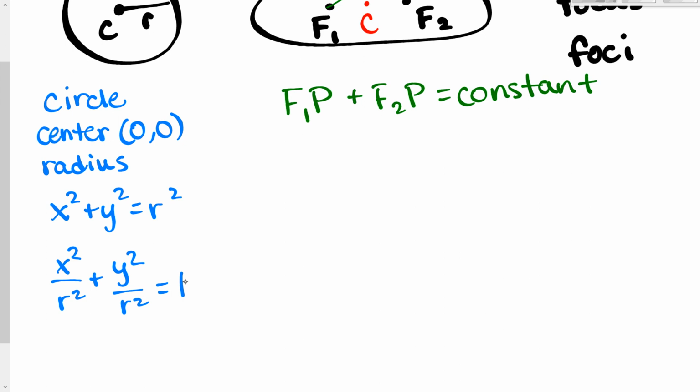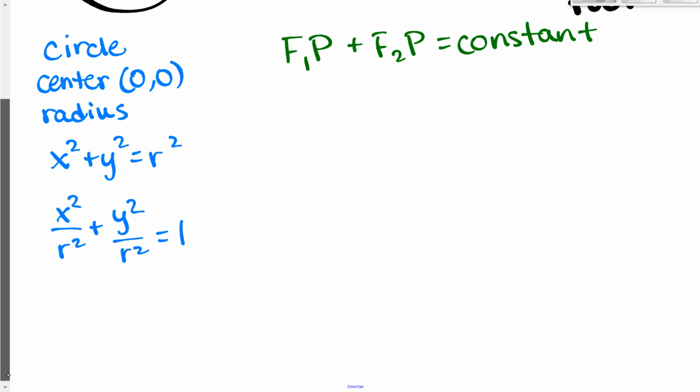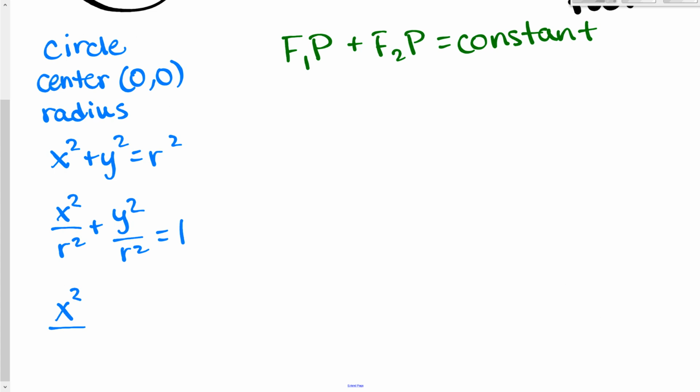I think so. Now, imagine that I changed the numbers that we're dividing x squared and y squared by, and that gave me a stretch in one or both directions. And now I have the equation x squared over a squared plus y squared over b squared equals 1. It's no longer a circle if a is not equal to b.